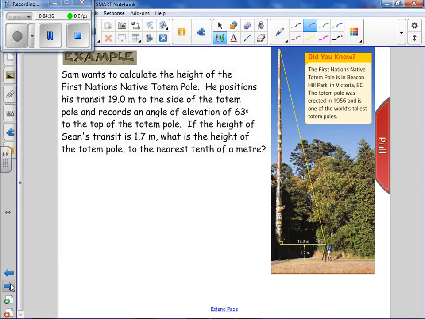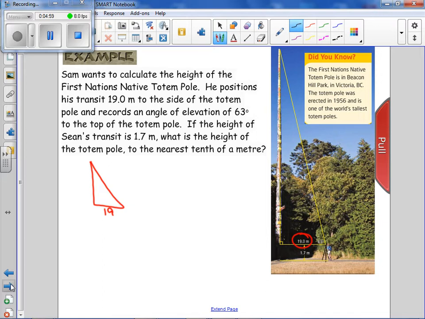So here's our last example for this unit. Sam wants to calculate the height of the totem pole. Okay? He has his transit. His transit's right here in the picture. It is 19 meters away. So I'm just going to draw this picture because it's kind of hard to see. So he's 19 meters away from the totem pole.